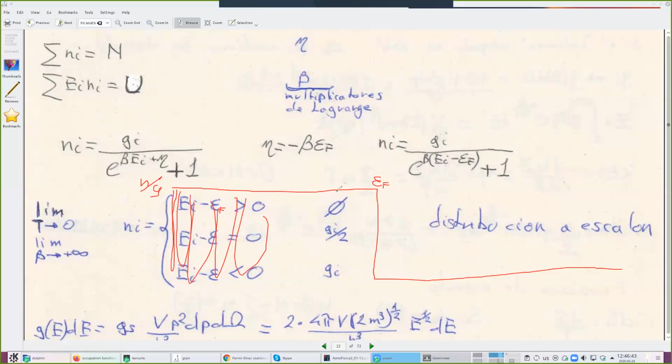So the average energy of the state does not depend on the temperature, but just on this value, the Fermi energy.